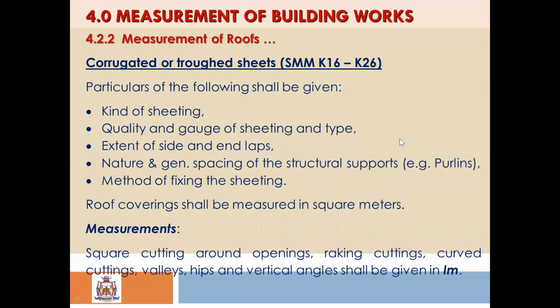So roof coverings in this standard shall be measured in square meters. So how do we measure corrugated or trough sheets or corrugated iron sheets and so forth? Square cutting around openings, raking cuttings, curved cuttings, valleys, hips and vertical angles shall be given in linear meters.